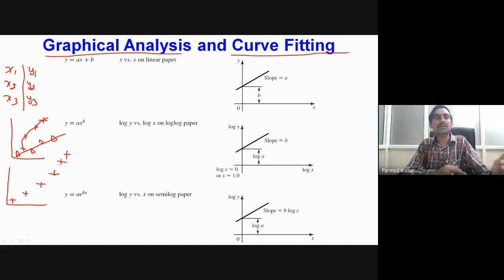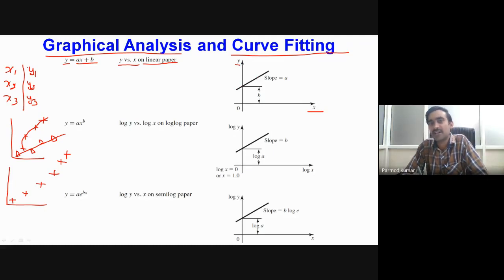Let us first see the case where our data set shows a linear relation, y equals ax plus b. On linear graph paper, with y along the ordinate and x along the abscissa, we will have a trend like this.